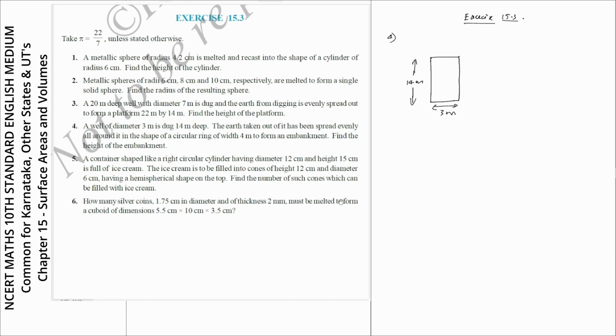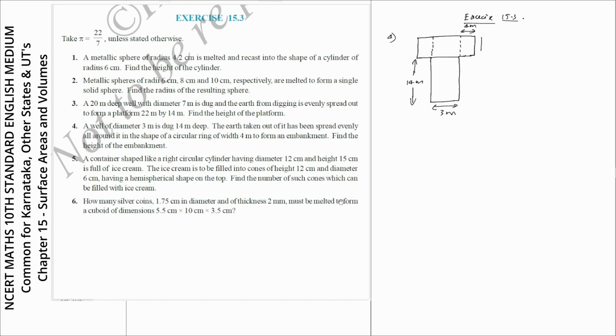So it is like this. That embankment width is 4 meters. So the embankment is like this. This is nothing but a circular ring, and these dashed edges are not visible, and the width is 4 meters.